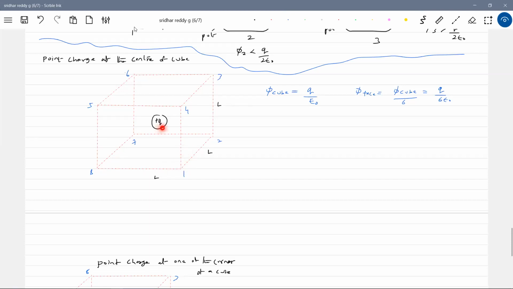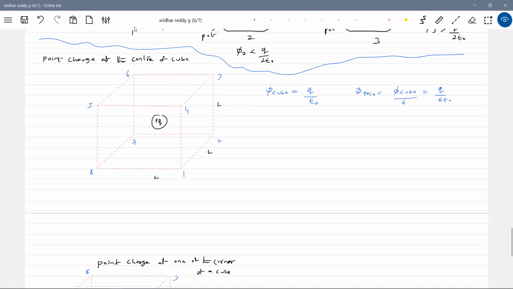So imagine you keep a small LED bulb glowing at the center of a cubicle-shaped room. Then how much light will fall on each face? The amount of light falling on each face will be the same. That is the idea of flux here.